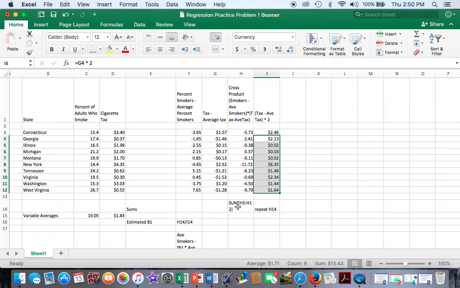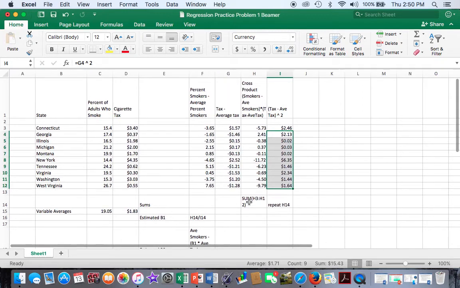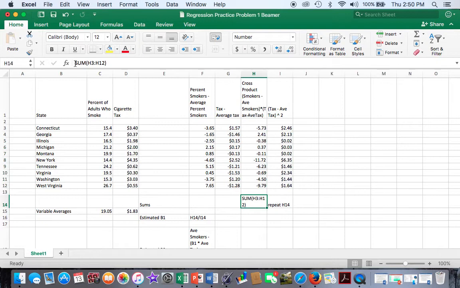Okay, now what we need are the sums of these, because the sum of the cross product divided by the sum of the squared difference, or mean difference, will indeed produce our estimated slope. And so coming here, we would have equals the sum of H3 to H12, and if you want to, you can copy and paste this formula.